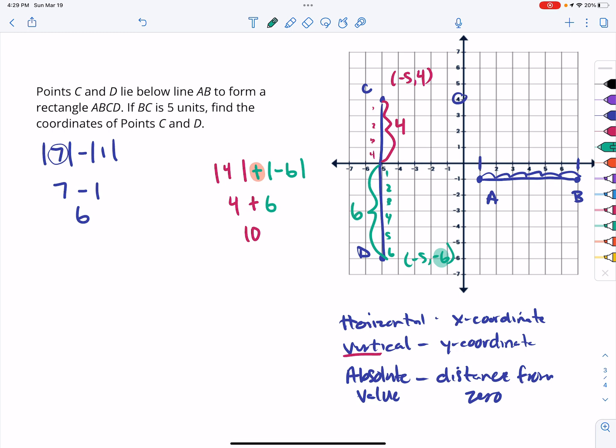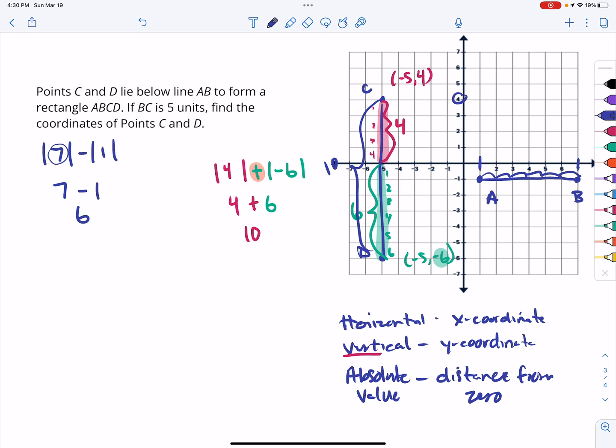Because those points go across the axis, we want to add them together, because that total distance is going to be those 4 units plus these 6 units, and that would get you overall 10 units apart. Now, we could just count those as well.